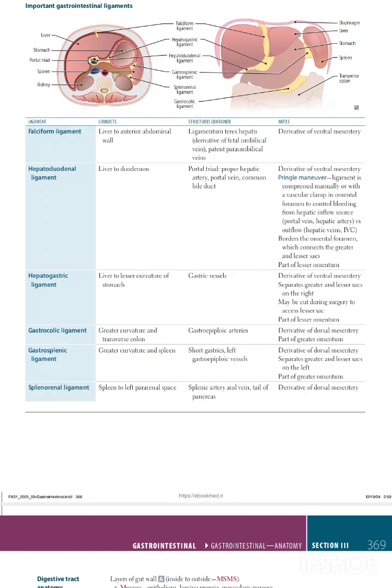Short gastric and left gastroepiploic vessels are in this ligament. Then the splenorenal ligament, which is spleen to left pararenal space, and it contains the splenic artery and vein and tail of the pancreas.